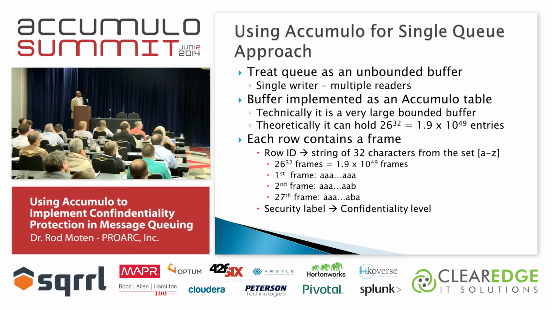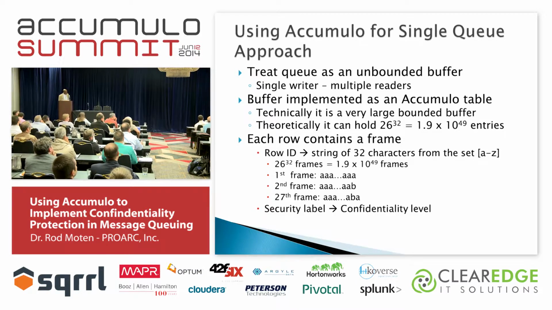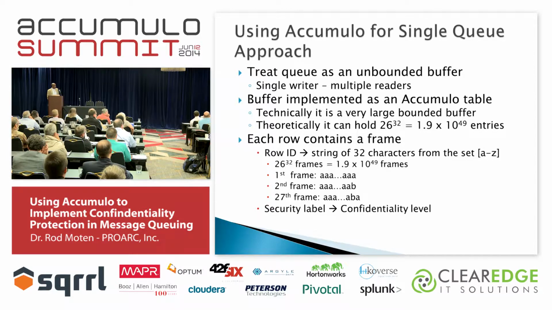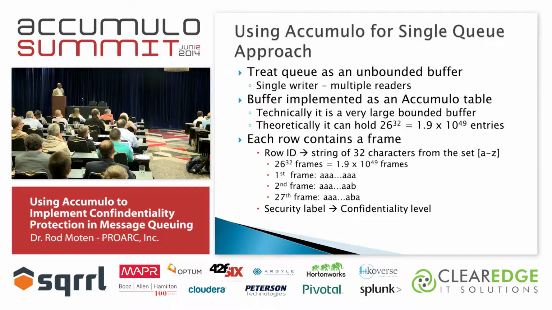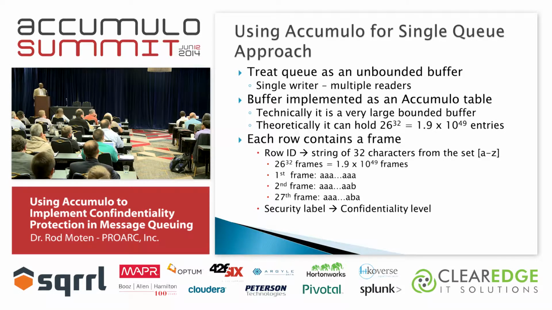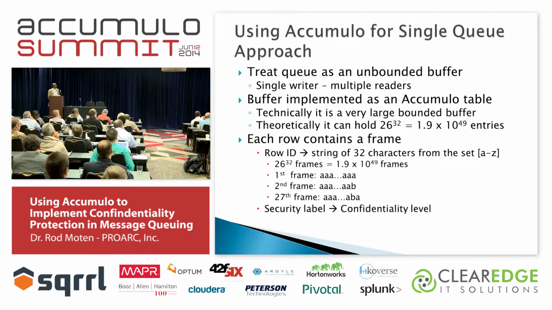So how are we implementing this in Accumulo? We're going to have a row for each frame. The row ID is going to be a string of 32 characters from the set A to Z. Basically, it's a number with 26 digits. That's how we get to 10 to the 49 frames, because it's 26 to the 32 different frames.